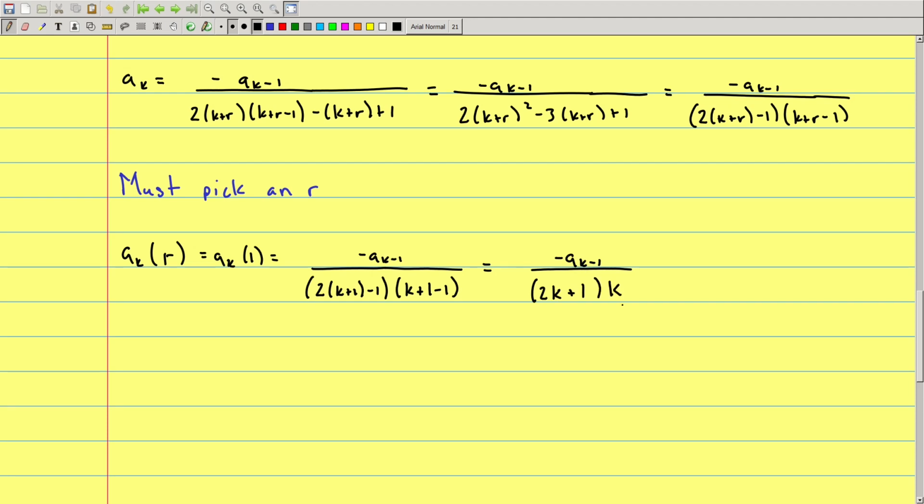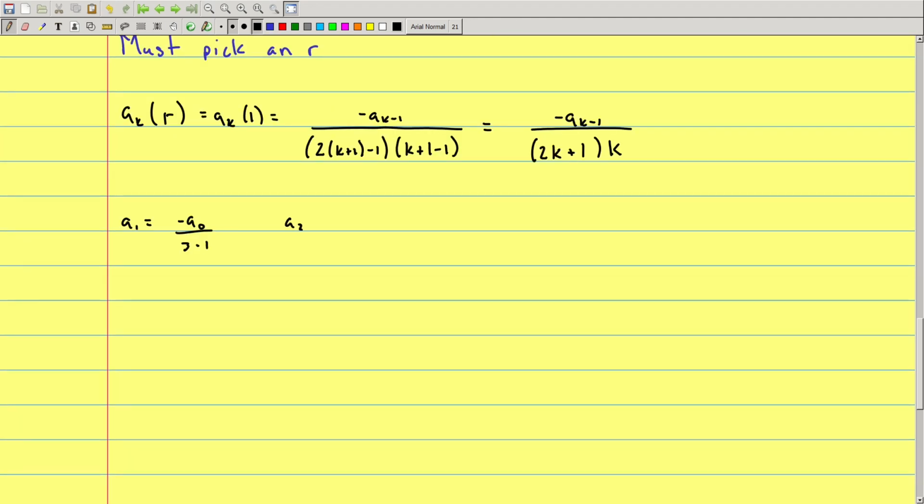And so this becomes our recurrence relation for when the exponent of the singularity is equal to 1. Okay? Now what we can do is, starting with a 0, figure out what our values are here.